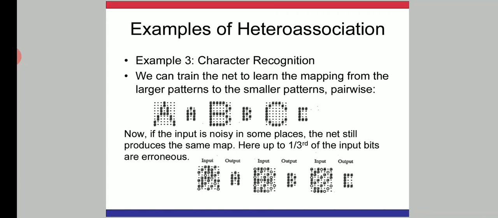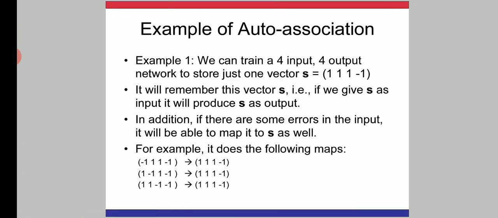Faulty remembering. Examples of auto association: 4-digit input, 4-digit output. So if I give you -1 1 1 -1, it gives you 1 1 1 -1. If we alter the signs, in every case we are getting 1 1 1 -1.